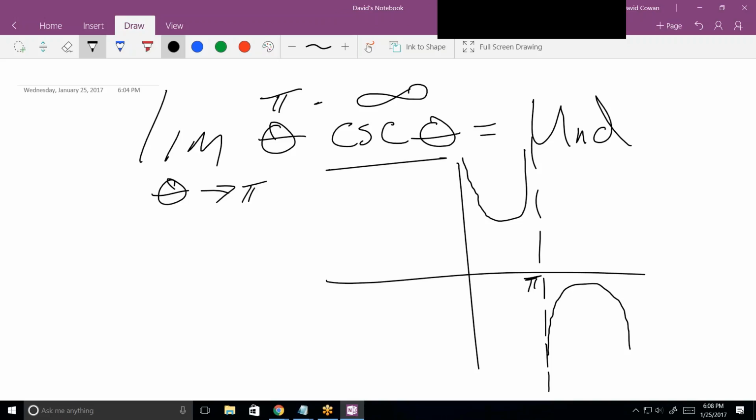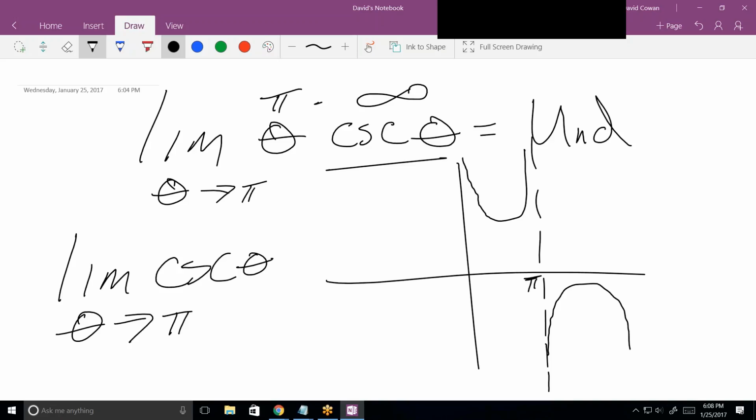But notice, if I said to you, what is the limit of cosecant of theta as theta approaches pi, what's the answer? Well, let me put that a different way. As theta approaches pi from the right, look at the graph. What is it? It's negative infinity. We're down here at negative infinity if I approach it from the right.